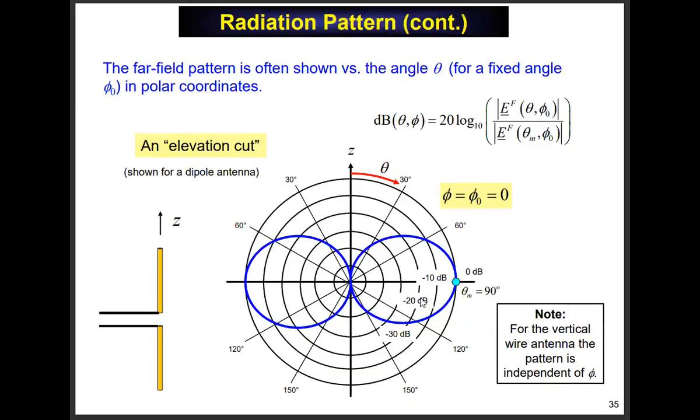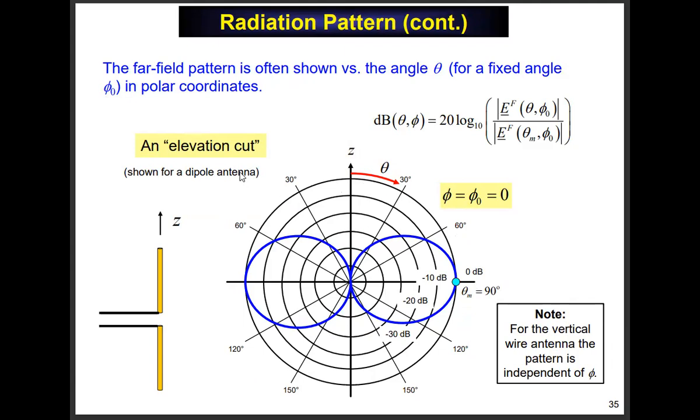Now, here's what a typical polar plot looks like. Here's how antenna engineers like to make their patterns. Of course, it's a two-dimensional function of theta and phi, but the most common way to do a polar plot is to make one of two types of patterns. One is called the elevation cut or elevation pattern, and the other is called the azimuth cut or the azimuth pattern.